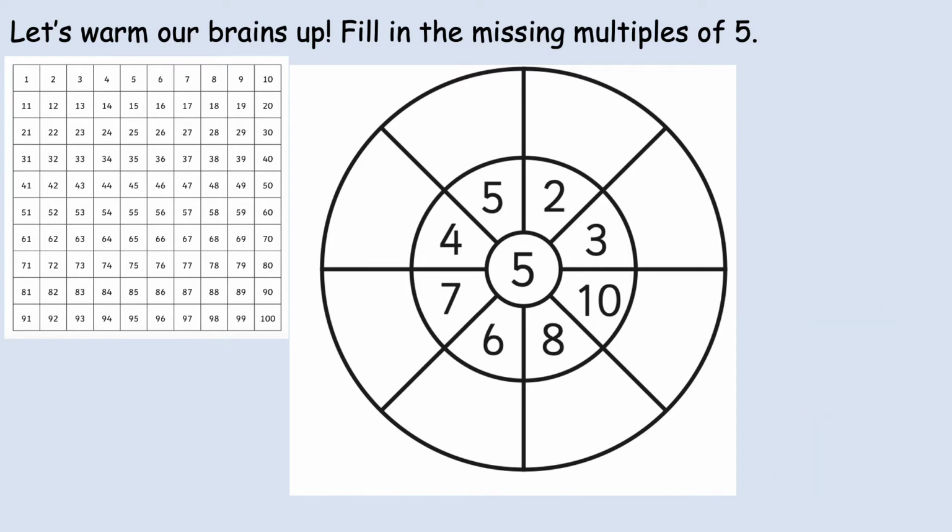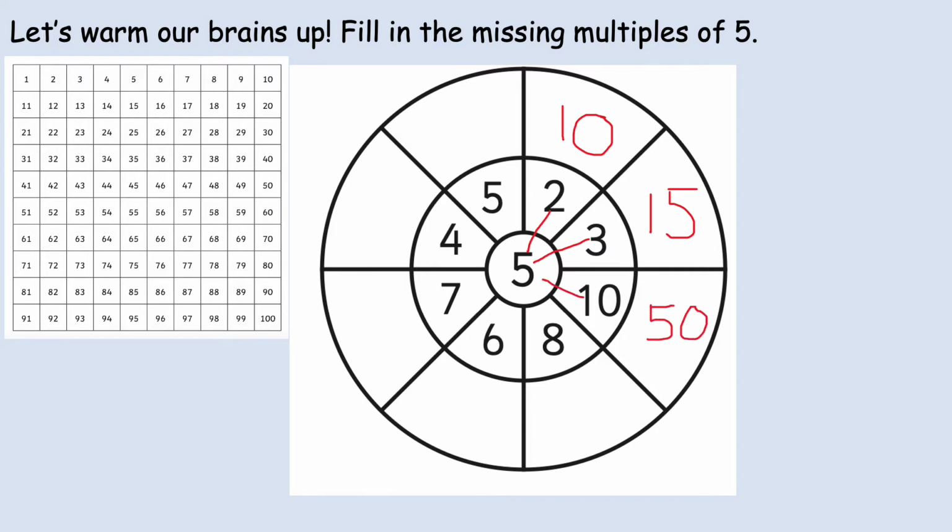How did you do? Let's see. Our first one was 2 times 5. We know that's 5, 10. 3 times 5, 5, 10, 15. 10 times 5.